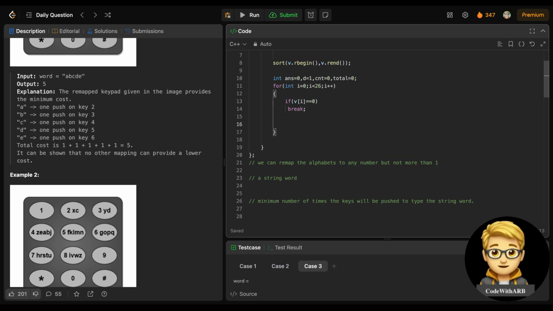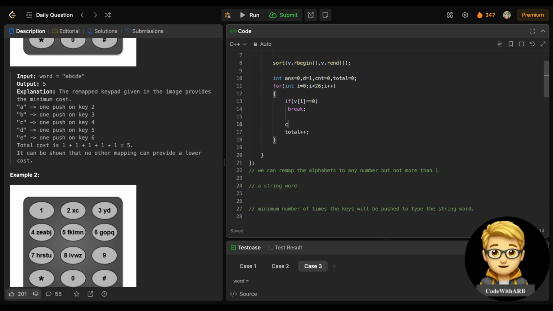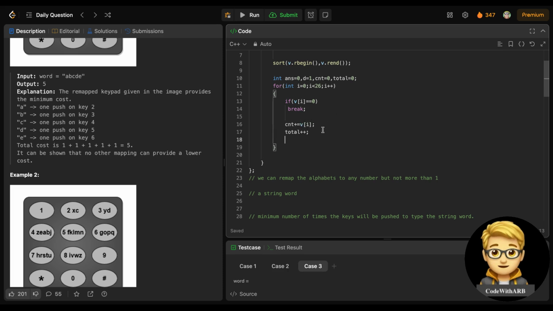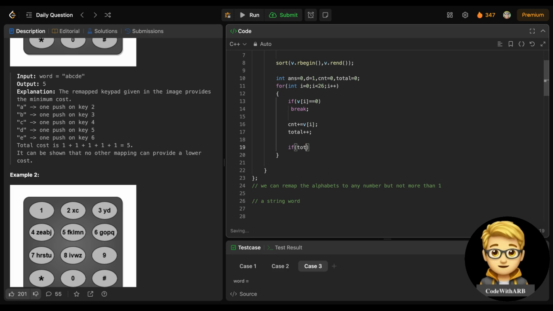Second, the total number of unique characters should increase, plus the count increases by the frequencies. And now if total modulus 8 equals 0, it means we got our 8 distinct characters.